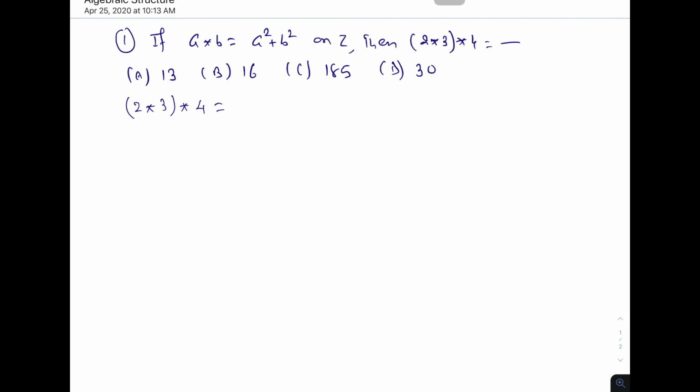Since a star b equals a square plus b square, 2 star 3 is 2 square plus 3 square, which is 4 plus 9, that is 13.